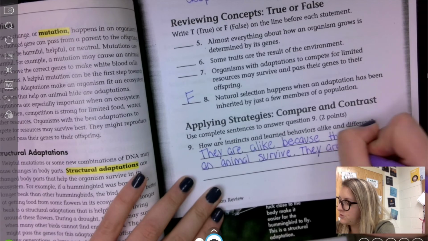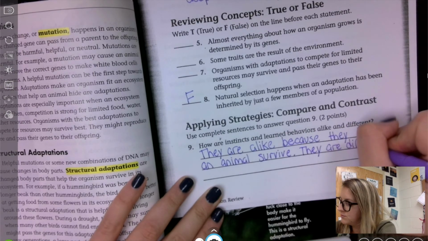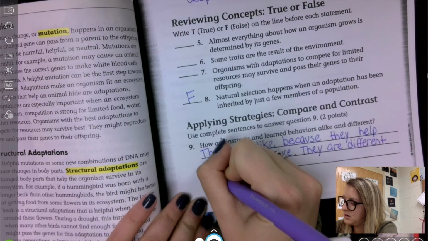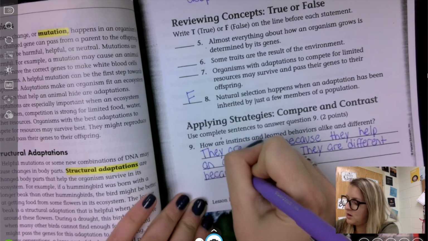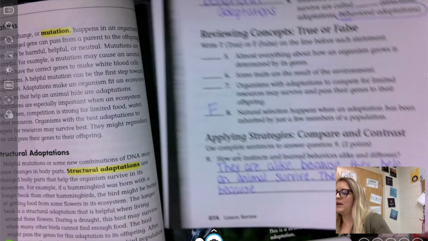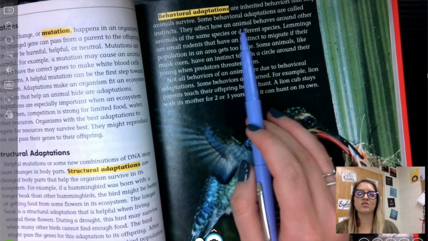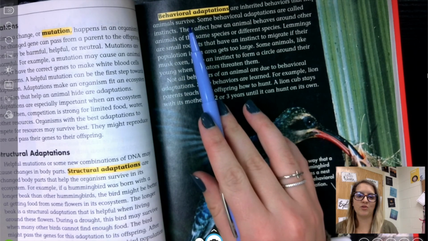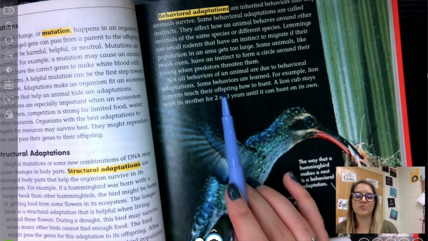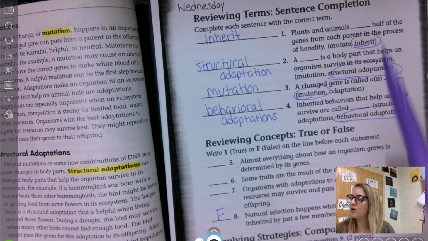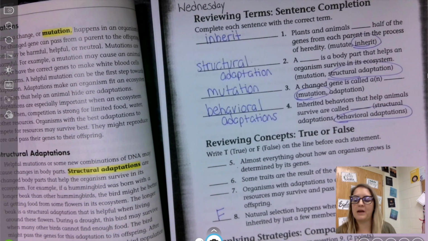They are different because, when you're thinking of instincts and learned behaviors, instincts are something that they're born with. Behaviors are something that you obviously have to learn. So make sure that you're putting that into your own words to finish off number 9. And then you are all set for lesson 2. You can put that back in your folder.